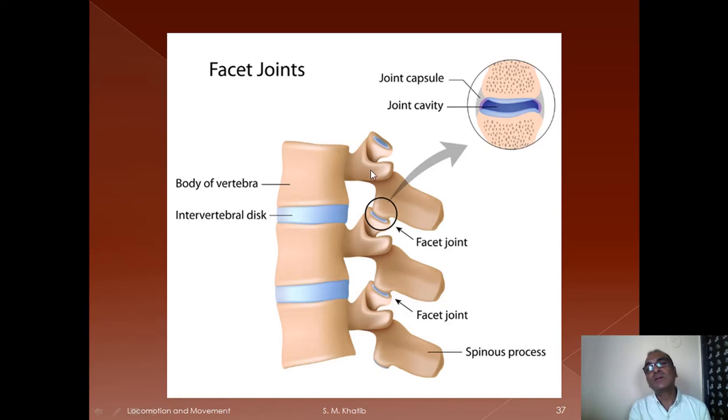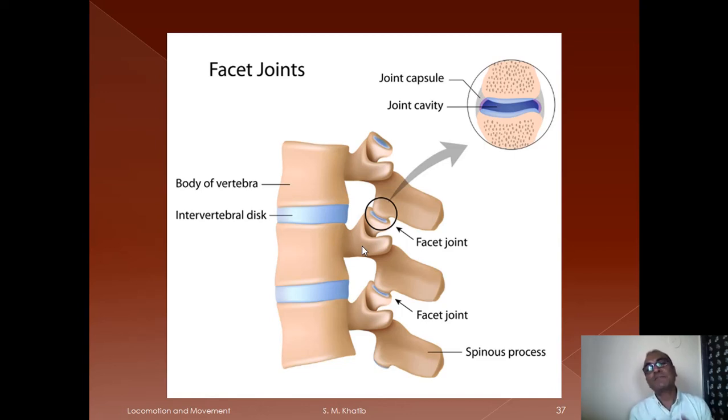And what you see here, these are the neural arches, one from this side, one from the other side, and they make a kind of gap in between. Through which now you are seeing it in side view. Just imagine like this.